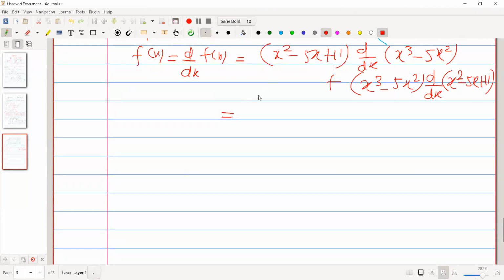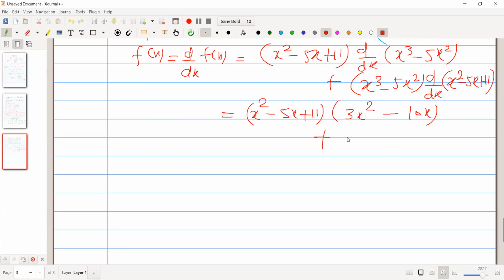So we have x square minus 5x plus 11 into the derivative of x cube minus 5x square. We can apply it separately for x cube and x square, because the derivative is a linear operator. So 3 into x power 3 minus 1 gives 3x square, minus 5 into 2 into x power 2 minus 1 gives 10x.